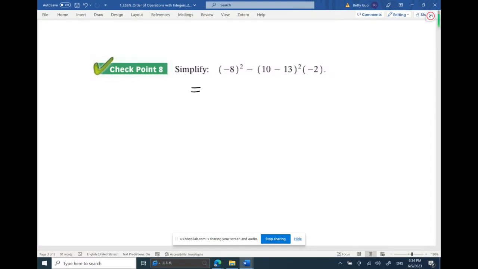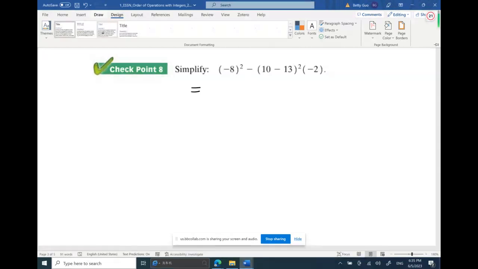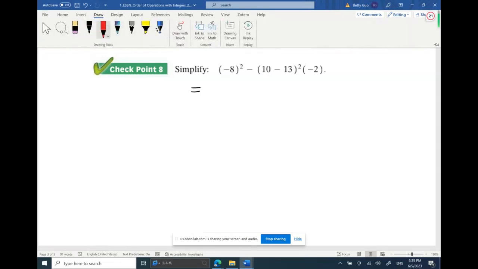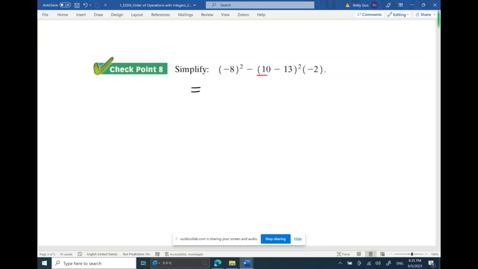All right, do we have grouping symbols? Yes. We do see 3 parentheses, but technically only this one is a grouping symbol. The other 2 are just to frame the negative numbers.